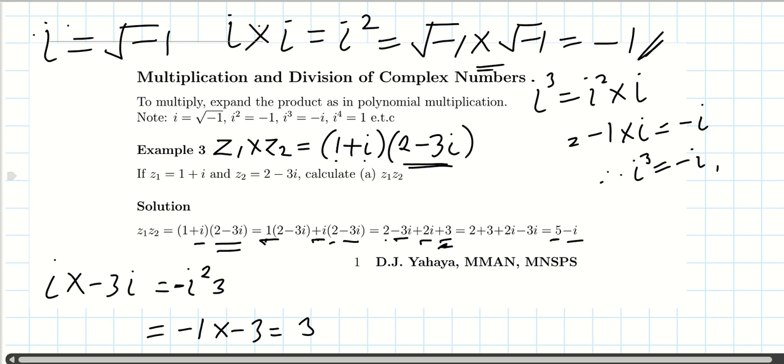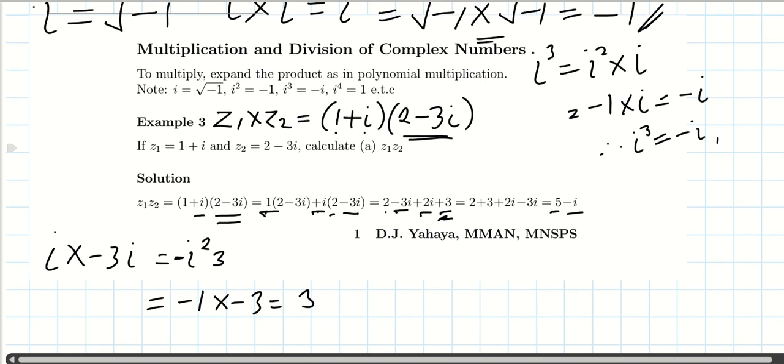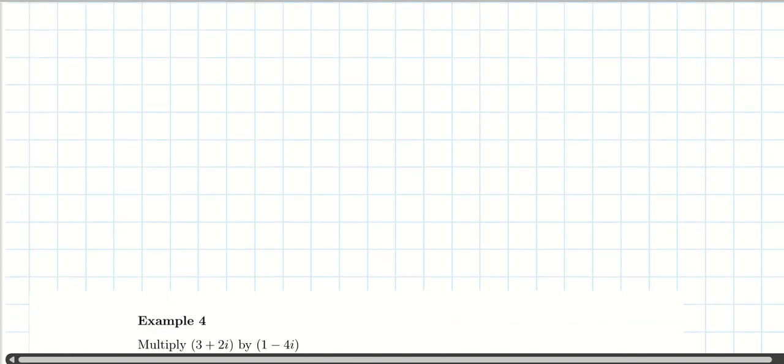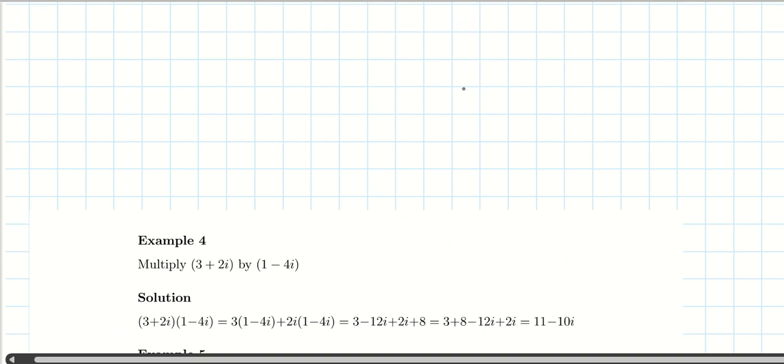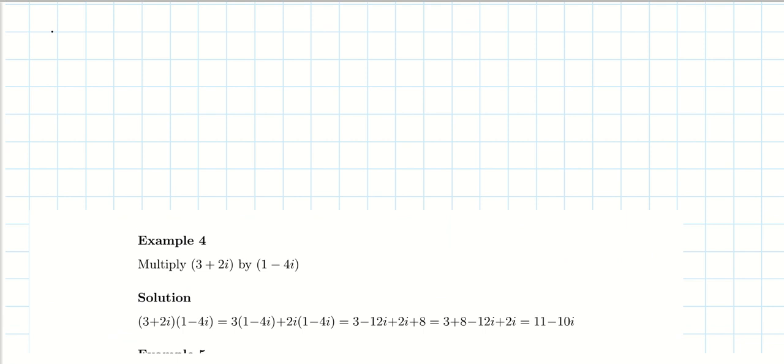And checking from my example 4, we have 3 plus 2i by 1 minus what? 4i.